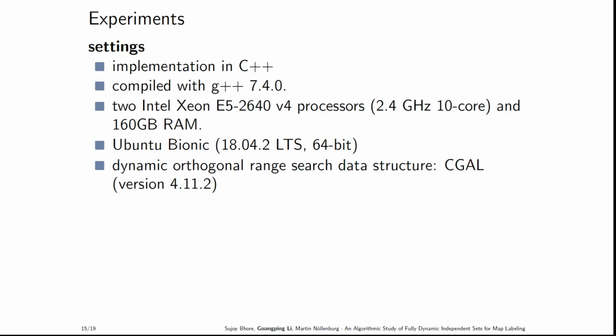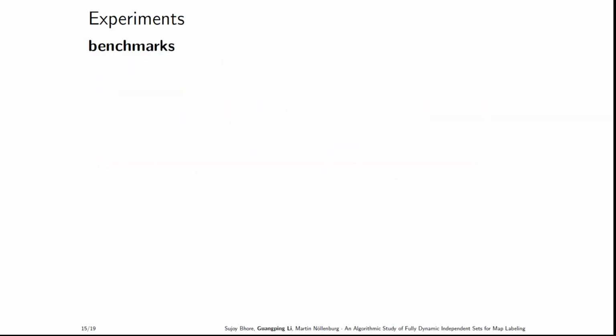The implementation is in C++, and the experiments run on our server. For the algorithm ESA.1.1, we use the dynamic orthogonal range search data structure provided by the geometric library SEGA. We created 3 types of benchmark data.